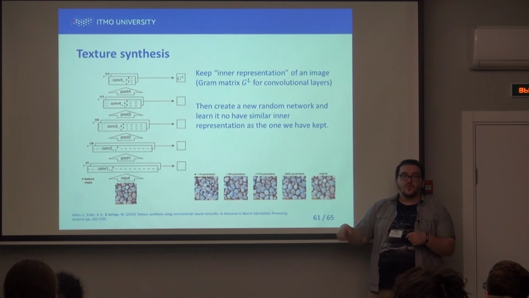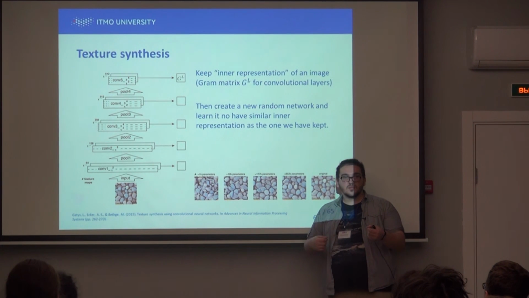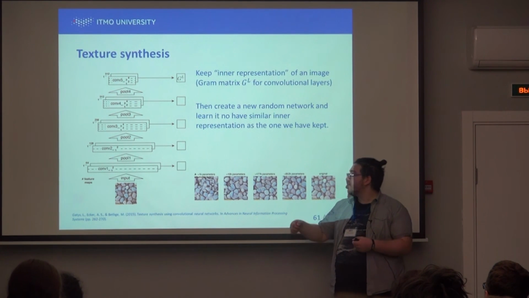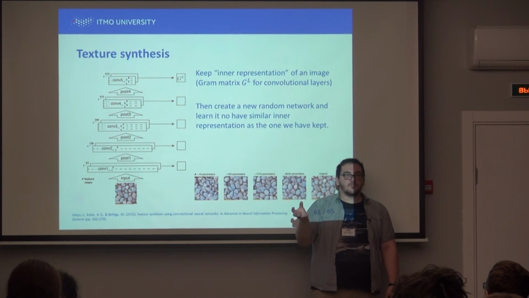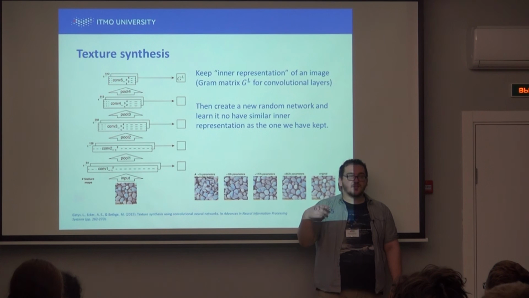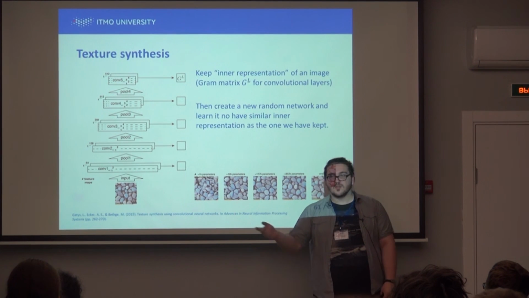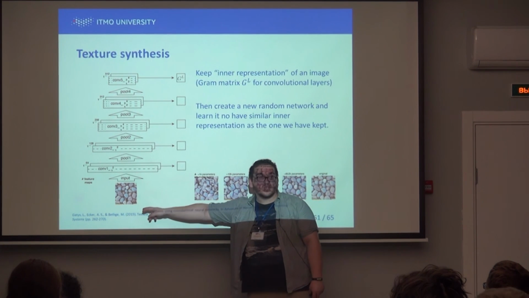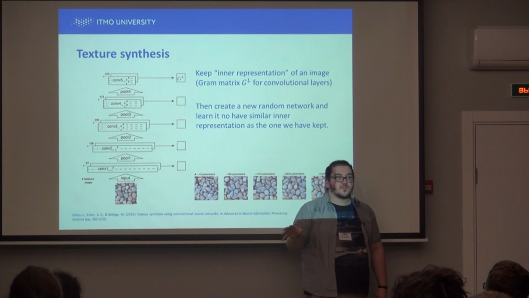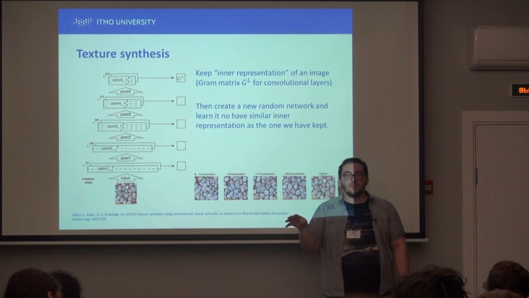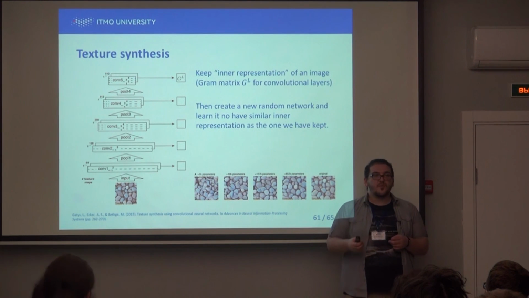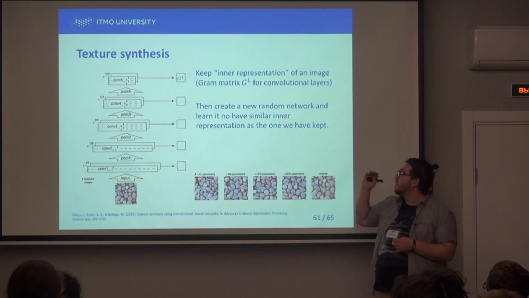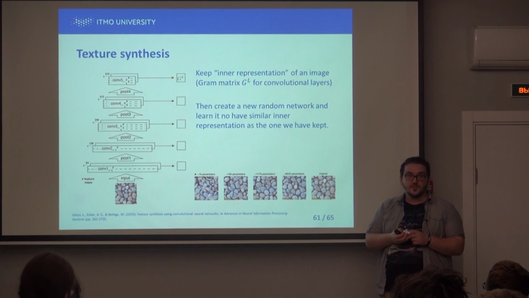So that we'll be synthesizing a network that represents the same patterns. Then we use this network. It returns us a new image. It will be really similar to the one we had, but still it will be a new image.